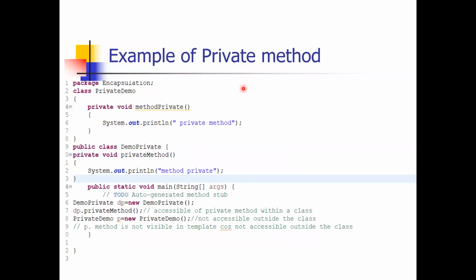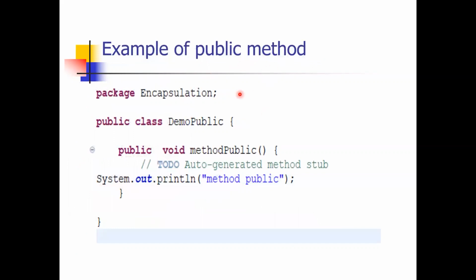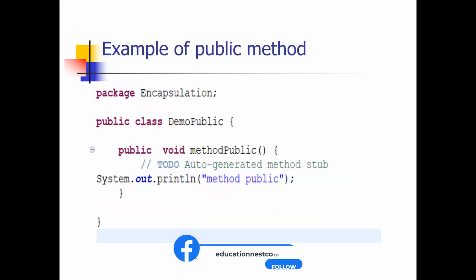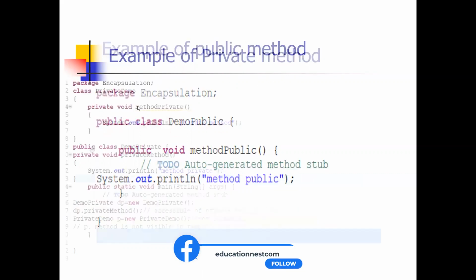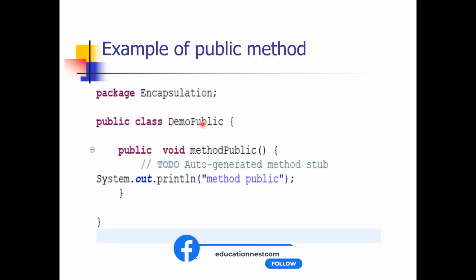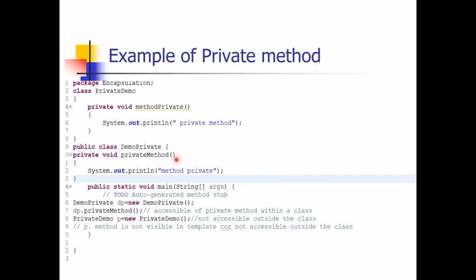Previously was the example of the public method, now this is the example of a private method. In the package encapsulation, we have created a class, but this class is not public. Here the class was public, but here it is a normal class, private demo. Here we have written the name, demo public. Just forget about this for our method.